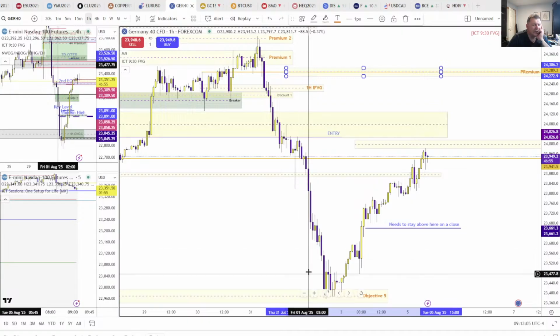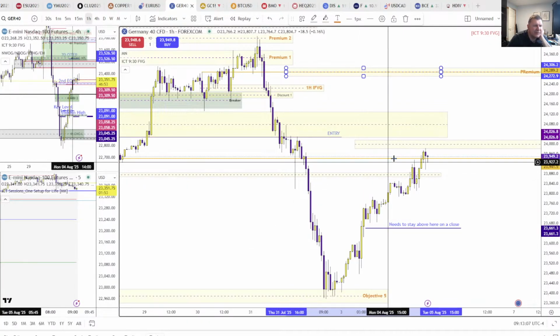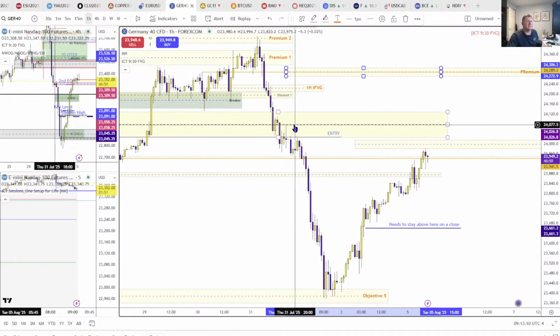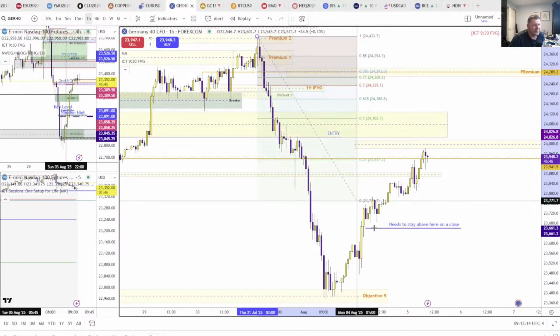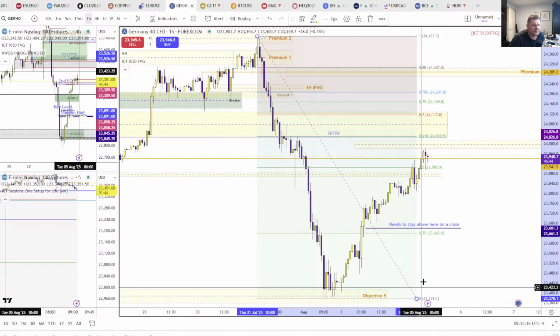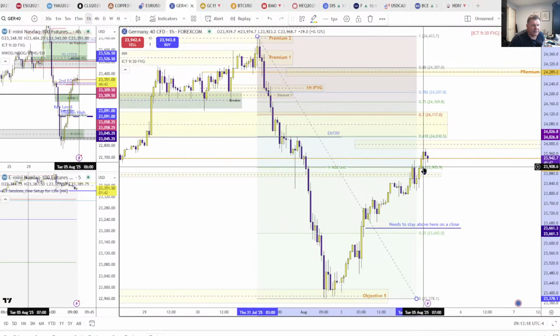Keeping in mind wherever you are in here, if you're using a take profit model 1, then you should be well over 50% by now. Yep, just over 50 here. We've come back and tagged it.